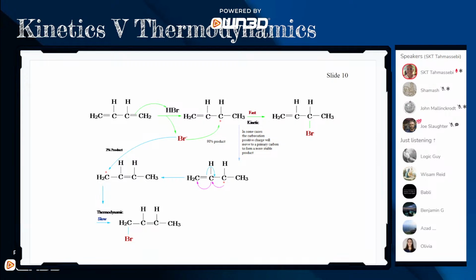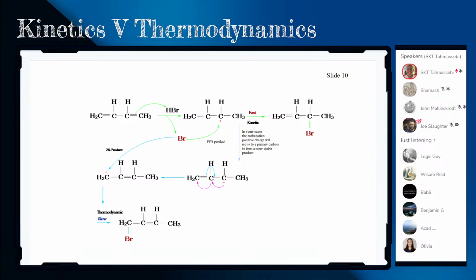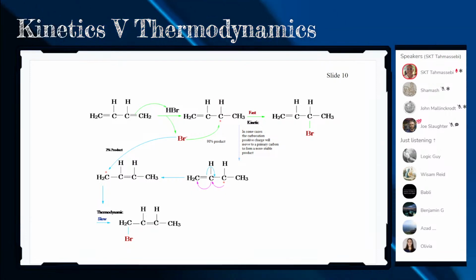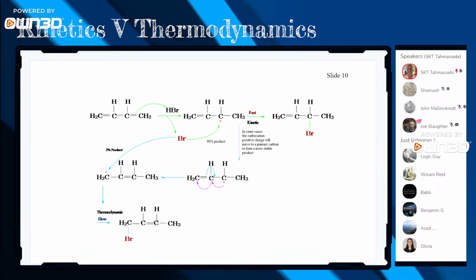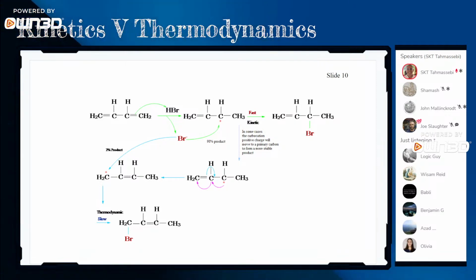So those rotations are a lot freer, and so that's much more stable. Also, bromine being where it is with respect to the double bond, having another methyl on the other side is going to electronically stabilize that double bond more than when it's not there.